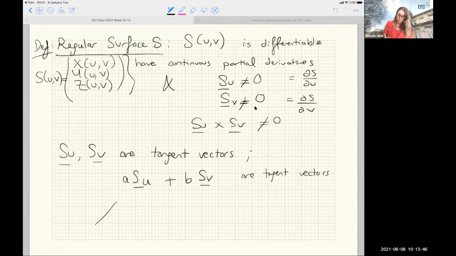So on the surface, S_u, S_v, okay. And it's a tangent plane. S_u, S_v, I should say, we can take them as our basis vectors for the tangent plane.